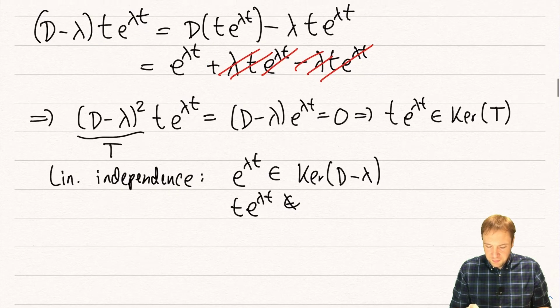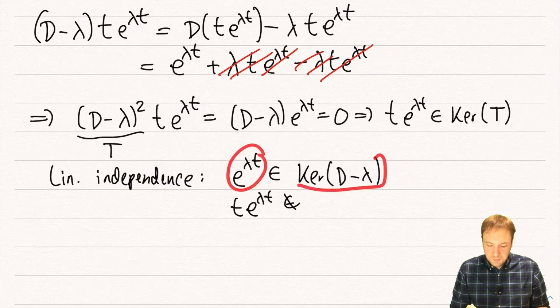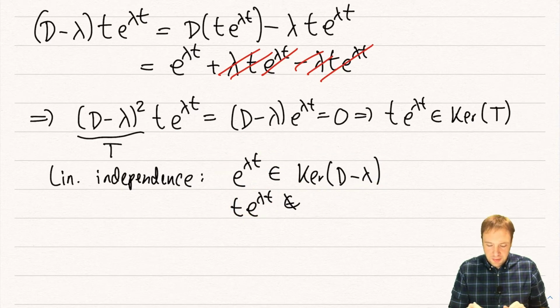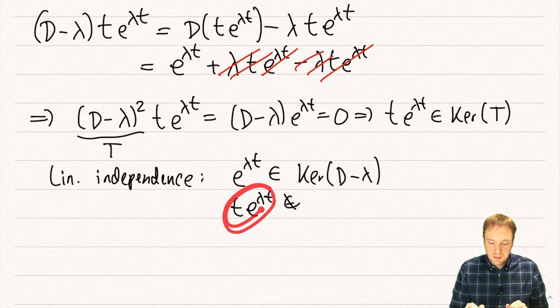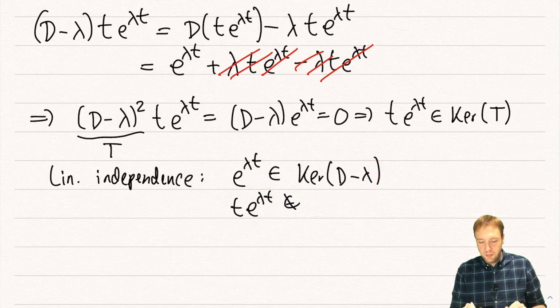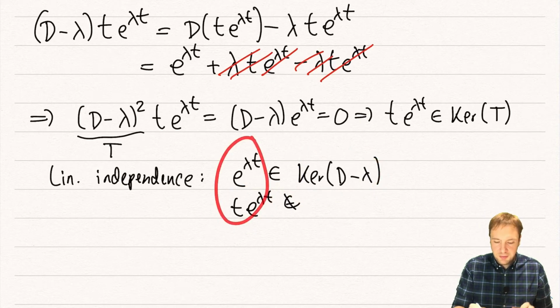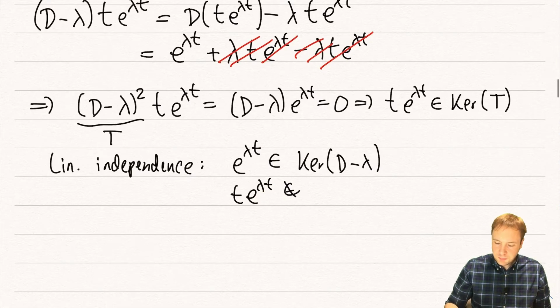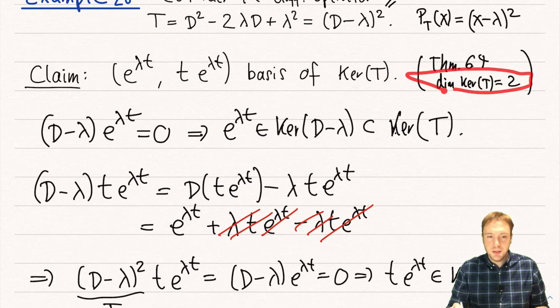So this is in this space, but this is not in this space, and therefore these two functions cannot be linearly dependent, because otherwise I could write this as a linear combination of that, which would also mean that this is in the kernel, which it's not. So they are linearly independent, and therefore they are a basis, because we know the space has dimension 2.